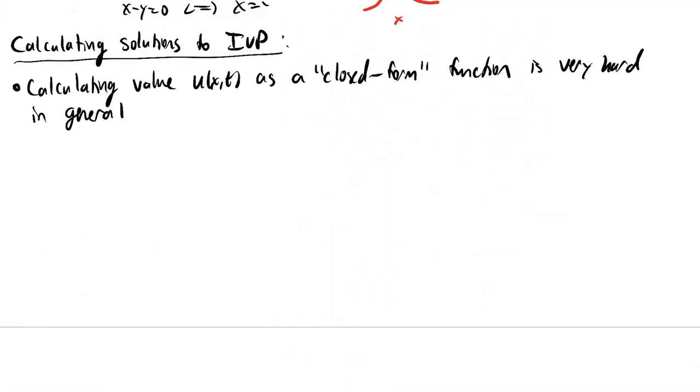And so what people will typically do if you need to calculate a solution to the diffusion equation is use approximation methods, right? These are sometimes called numerical methods.